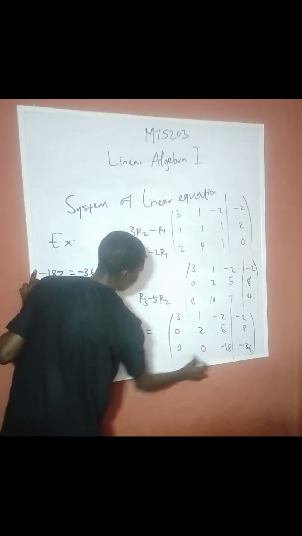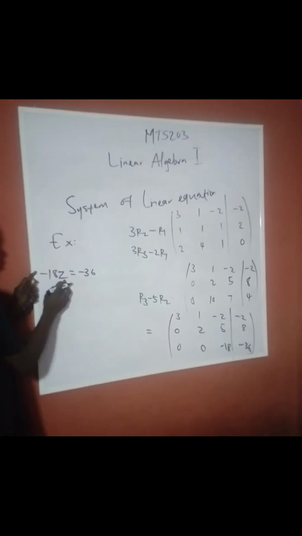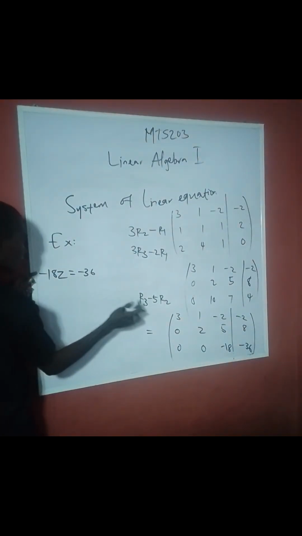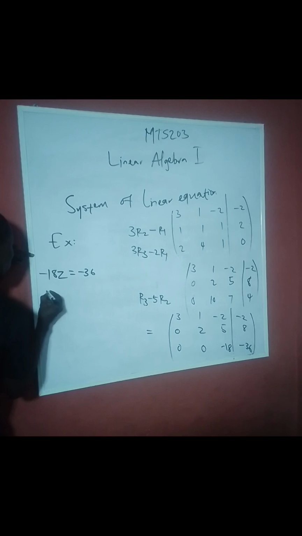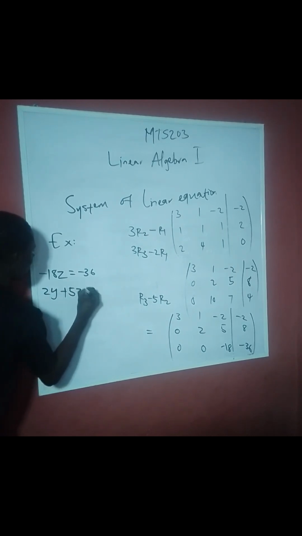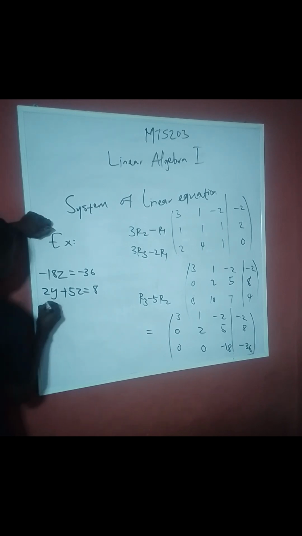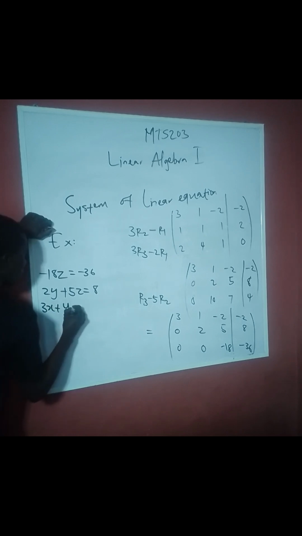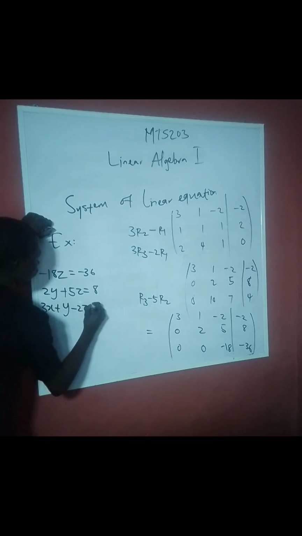That's why I have minus 18z equals minus 36. For the second row, I will have 2y plus 5z equals 8. And for the first one, I have 3x plus y minus 2z equals minus 2.